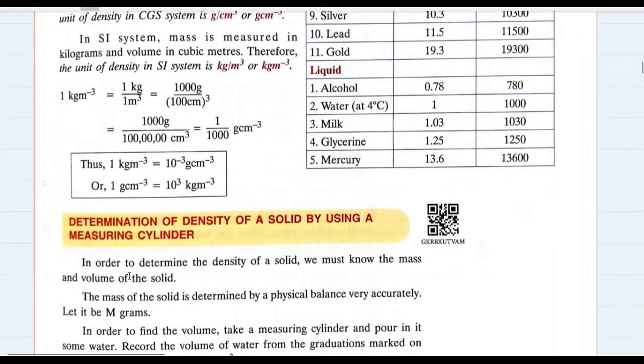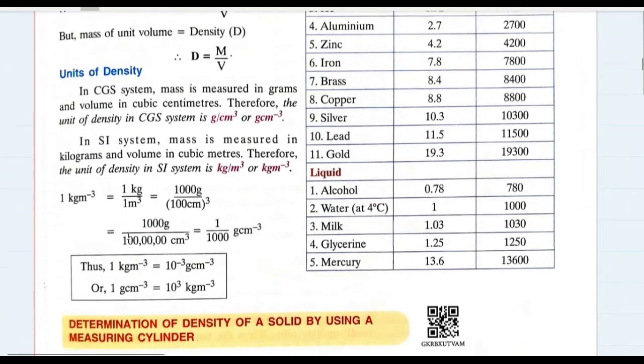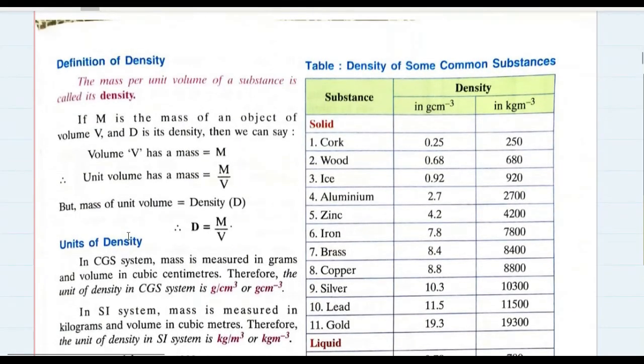Now, before going ahead, I would want all of you to pay attention over here. Here, we have density of some substances in gram per centimeter cube and kilogram per meter cube. Cork. You know cork? Corks are used for closing glass bottles, wine bottles, vinegar bottles.